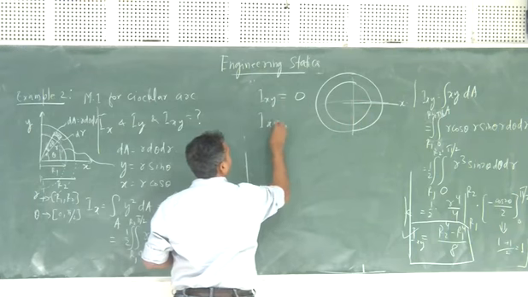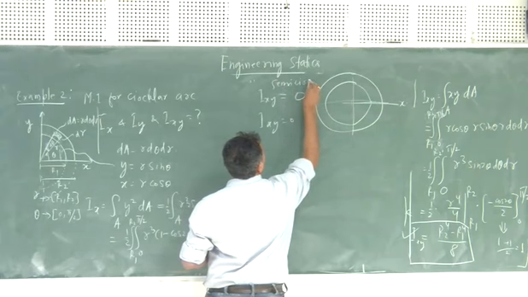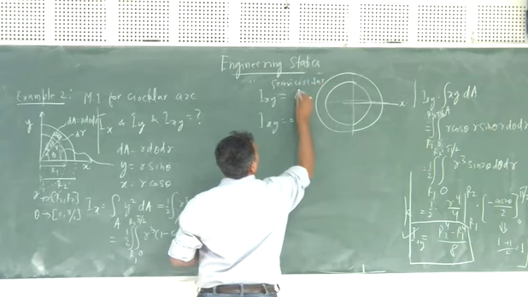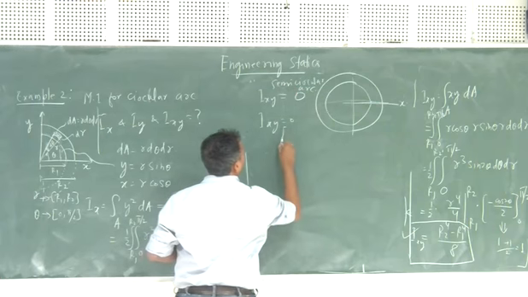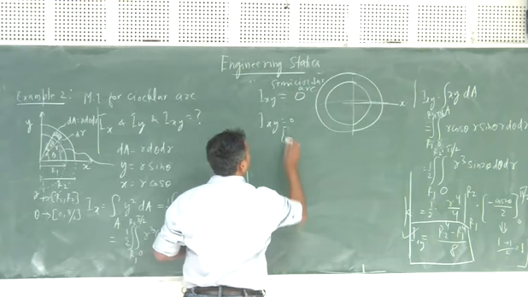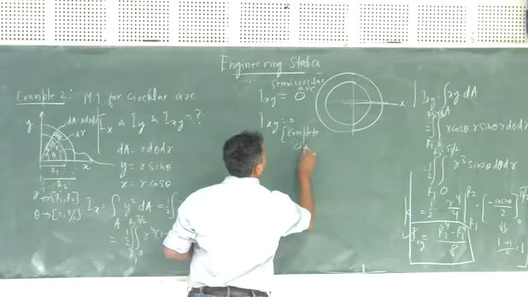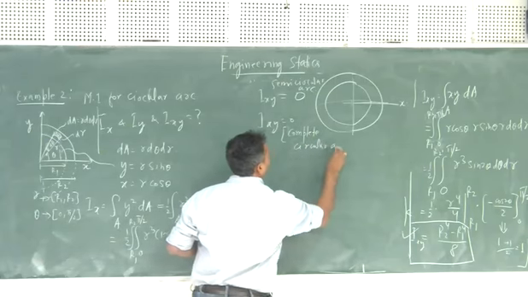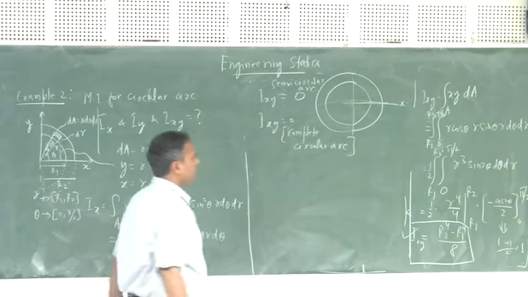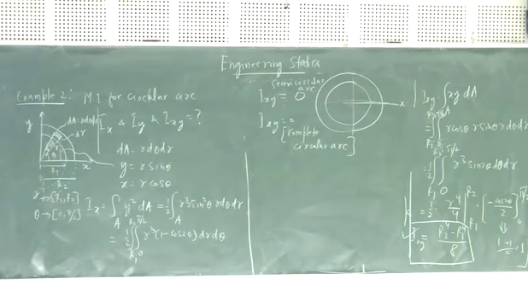So you can again have Ixy for the semicircle, and also for the complete circular arc, which will give you Ixy equals 0. This is how you generally compute your moment of inertia and product of inertia for the given object.